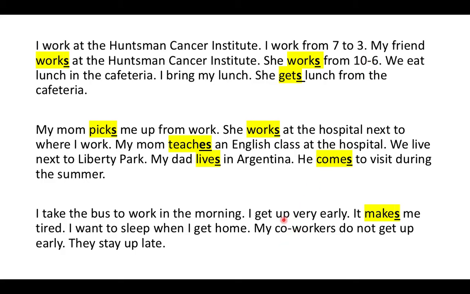We put these little lines between words when we are trying to connect them in English. So when you say the word "co," it usually means together. So when you say co-workers, it just means other people that work there that you work with, that you work together.